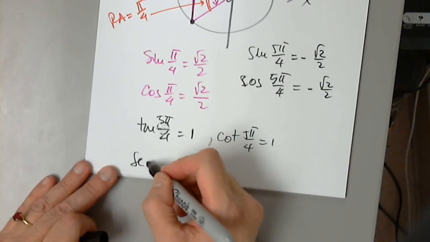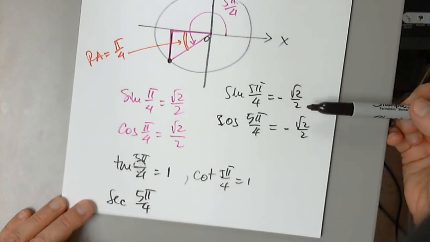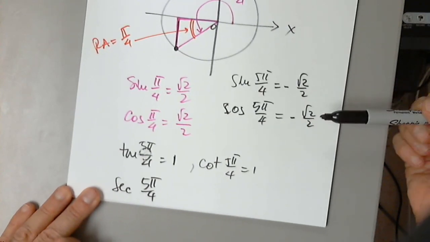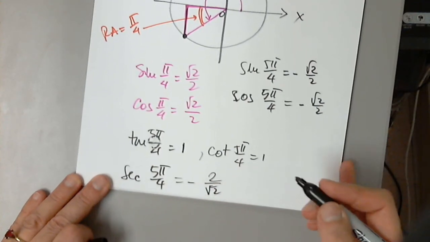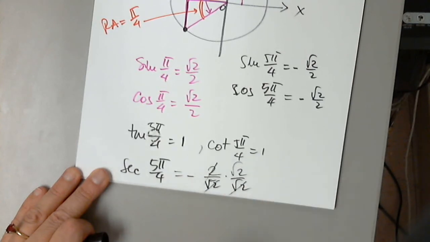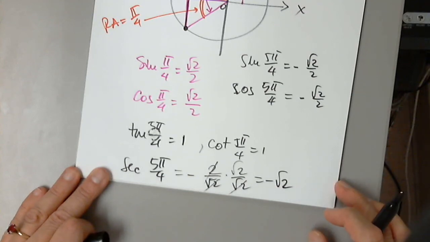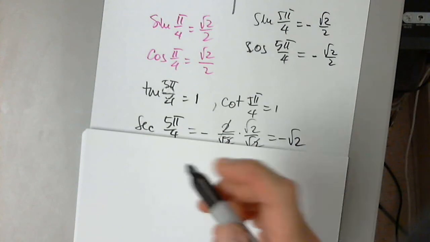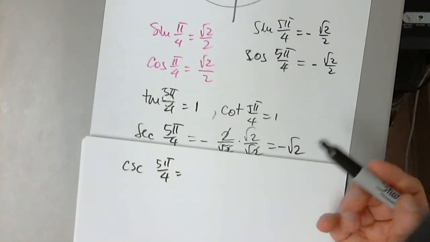What about secant of 5 pi over 4? Secant is 1 over cosine. I have to flip. Yes, it will be negative 2 over the square root of 2, but now I have to rationalize again. And these will be gone, so the answer would have been negative the square root of 2. Finally, cosecant of 5 pi over 4. For this angle, it will be the same.